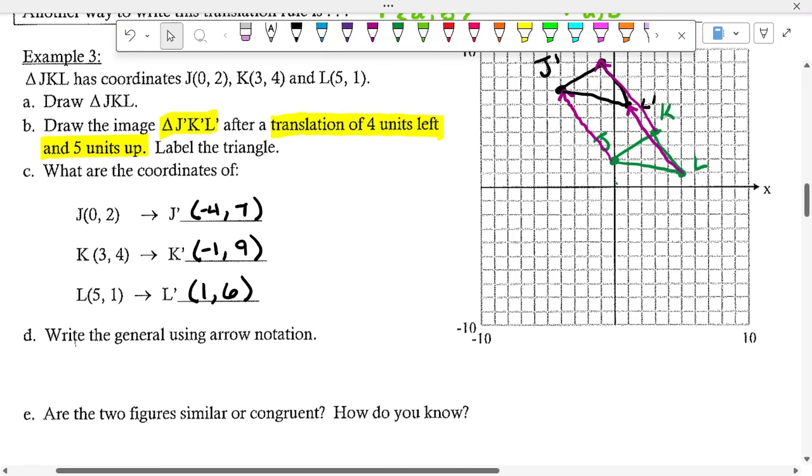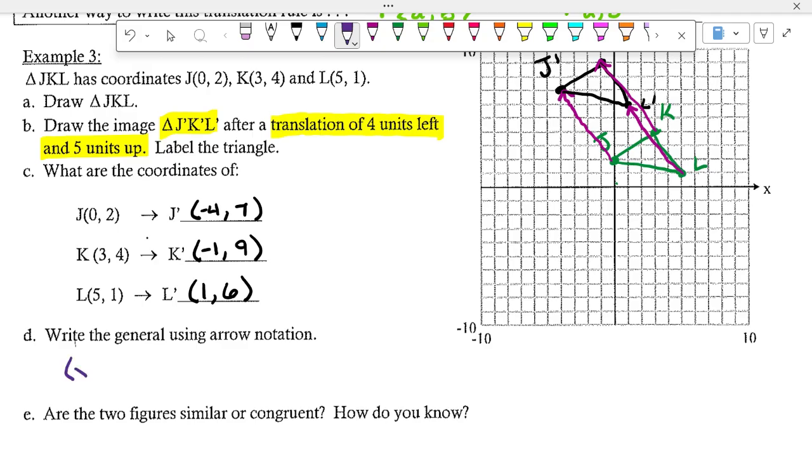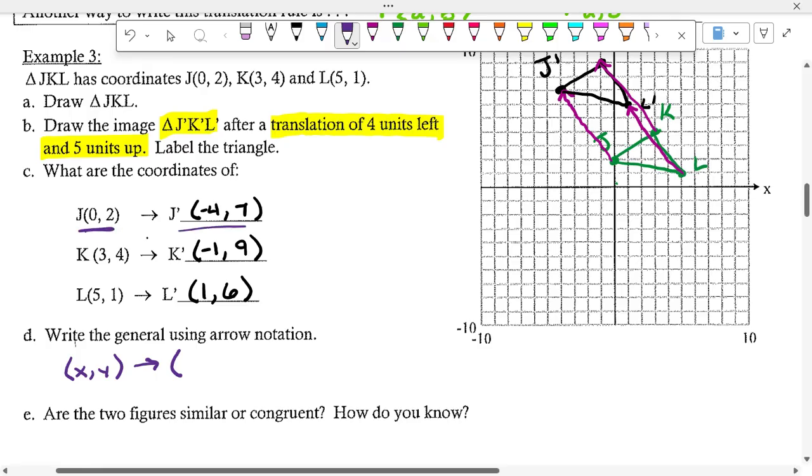So, based off of the points, what would be a good rule to write using arrow notation? So, if I start with x, y, what does it become? So, think about how you get from J to J prime, K to K prime, and so on and so forth. So, for the x value, how do I get from 0 to -4?